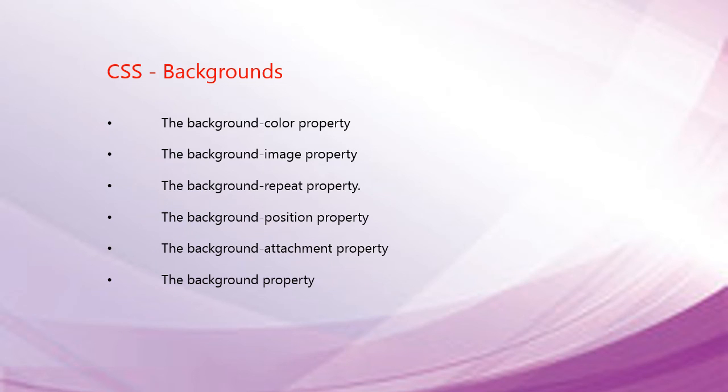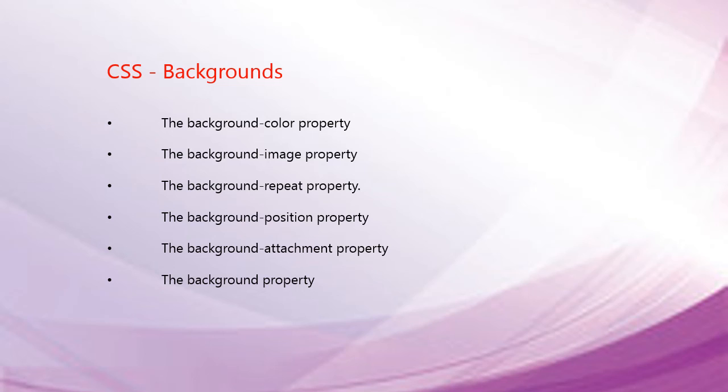Consider how to set the background of various HTML elements. You can set the following background properties of the element. The background color property is used to set the background color of an element. Background image is used to set the background image of the element. Background repeat property is for controlling the repetition of the image in the background.